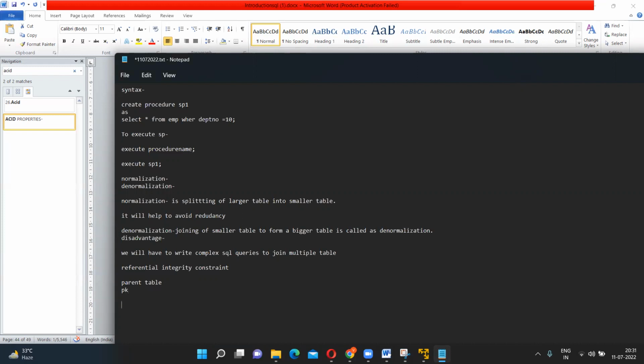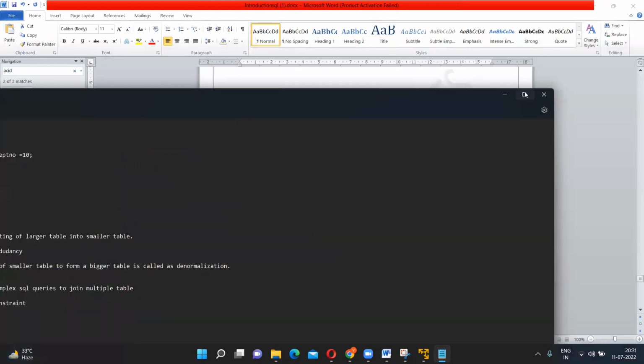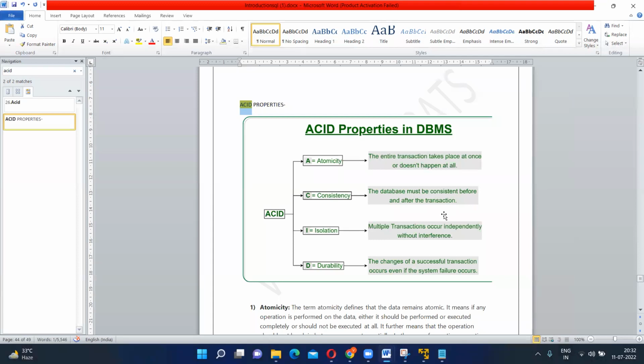Primary key column. Yes or no, guys? Child table, what is the column? Foreign key column. So whatever data we enter in the child table foreign key column should be present in the parent table primary key column. And if the data is not present and we are entering it in the child table, it will show a referential integrity constraint error. Yes or no, guys? Yes. So that is how the integrity should be maintained.